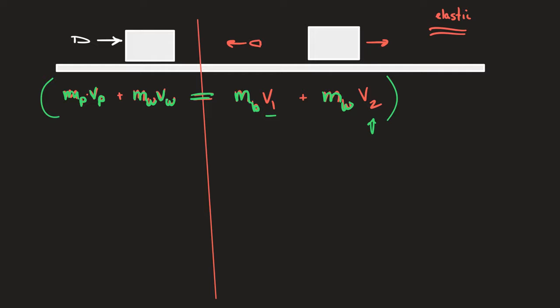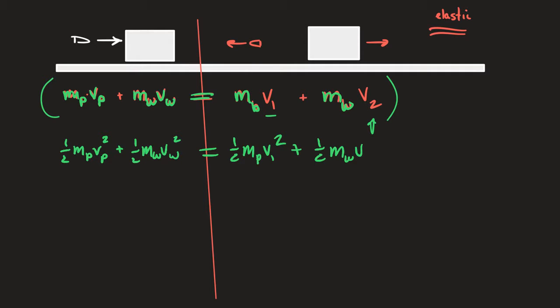That immediately generates another relationship. You now have two equations and potentially two unknowns.